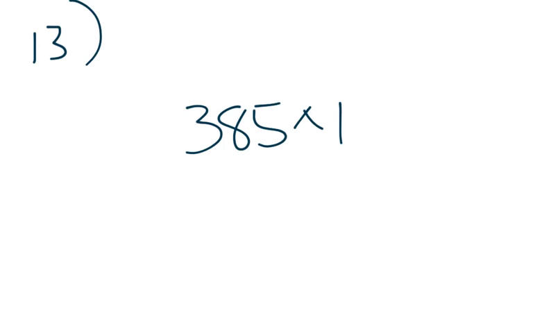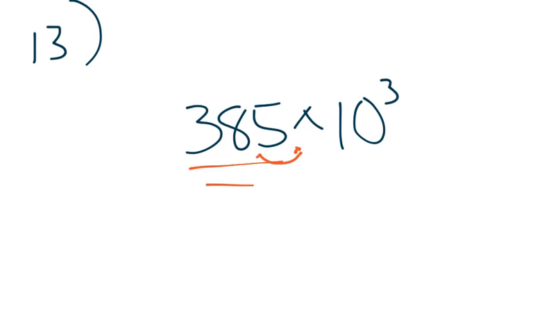Okay, 13. We have 385 times 10 to the 3rd. This is not in standard notation, but it's also not in scientific notation because this number is too big. We want this number to be in between 1 and 10. We don't see a decimal, so we know that the decimal is at the end after the 5.